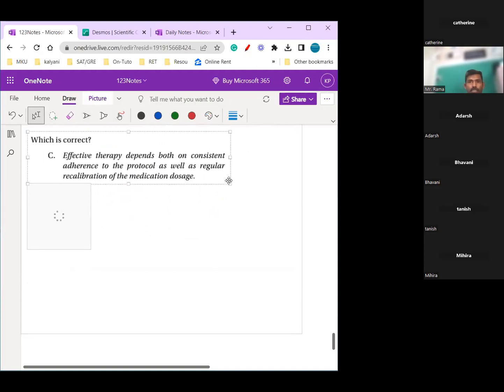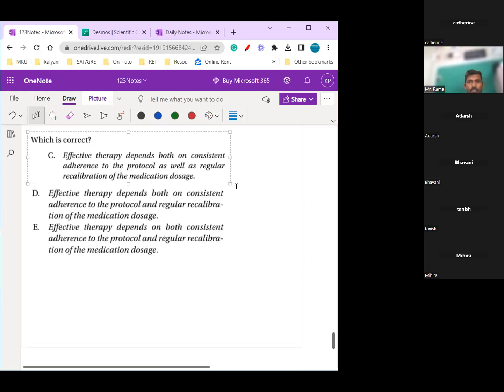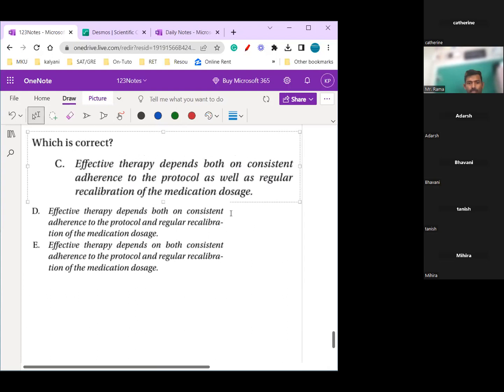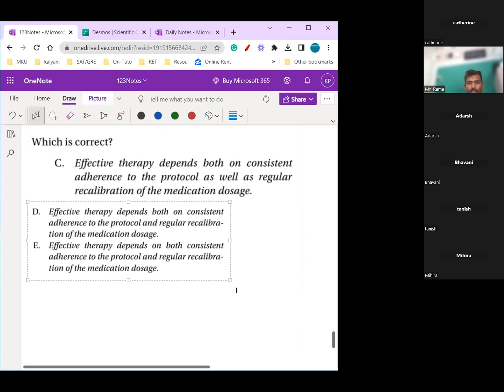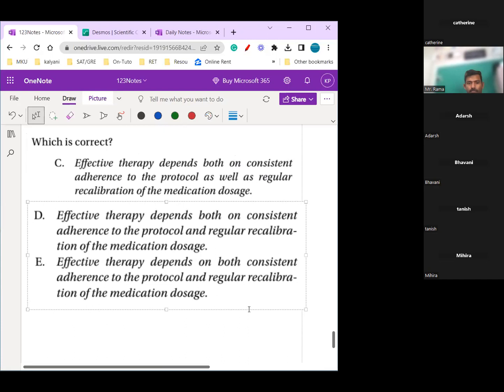Okay, let's see. Tanish, can you read these three sentences? Effective therapy depends both on consistent adherence to the protocol as well as regular recalibration of the medication dosage.